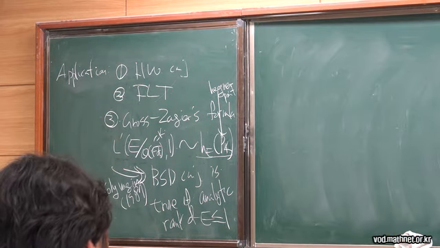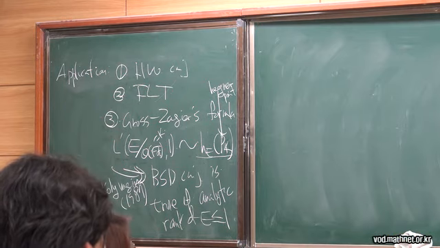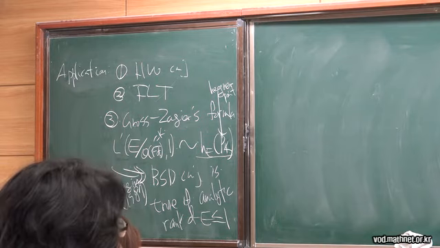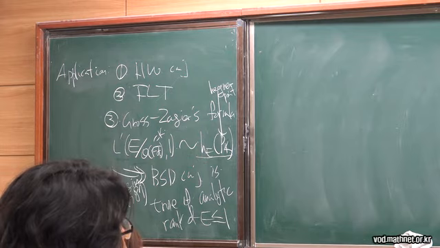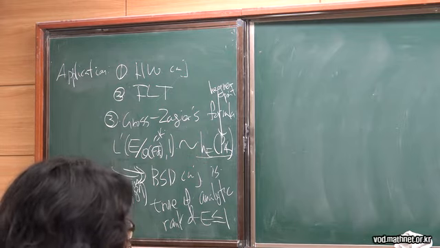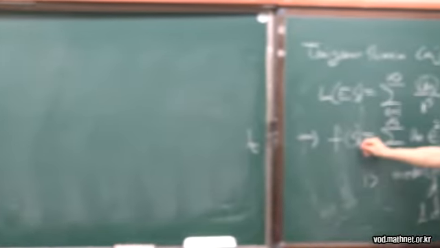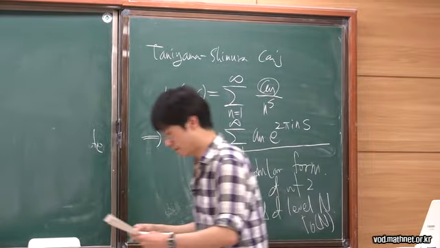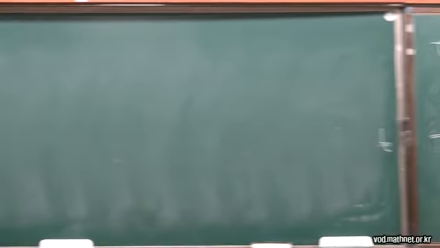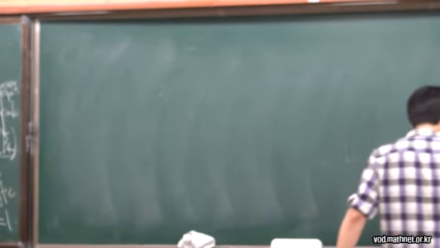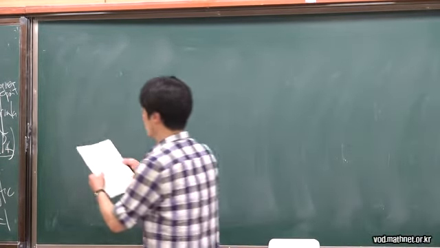So what I want to say is that the modularity theorem is very important. It means that if we have a certain generating series, then it is very important to show that this is a modular form. Later, Kudla vastly generalized this idea to the case of Shimura varieties.